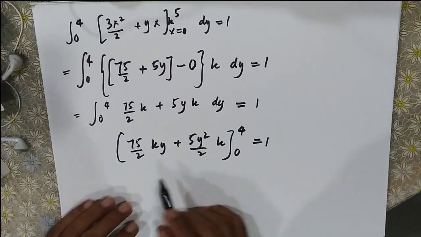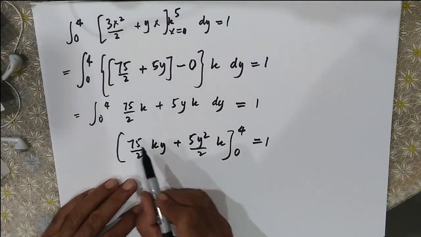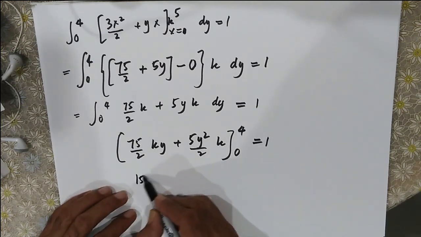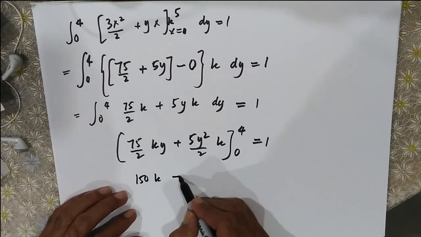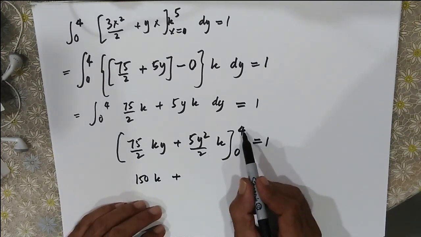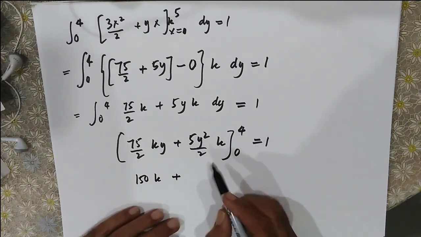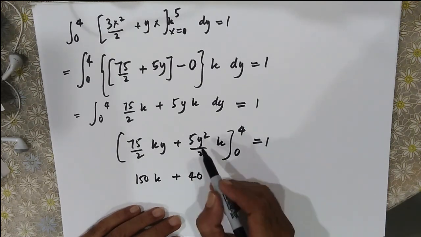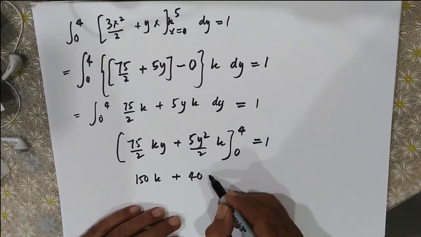So if we solve here, 75 over 2 multiplied by 4, you get 150k, plus 16 over 2 is 8. 8 multiplied by 5 is 40k.